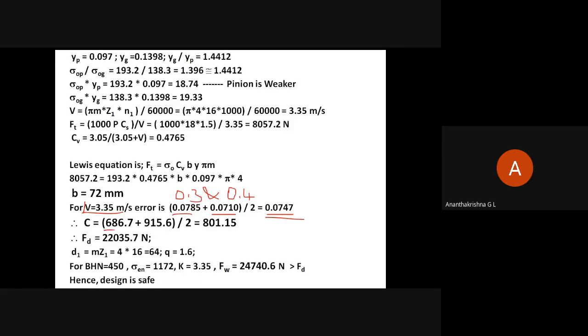Is that okay? Any doubt in this? Again, I have taken the average in table 12.12 for the value of 6.